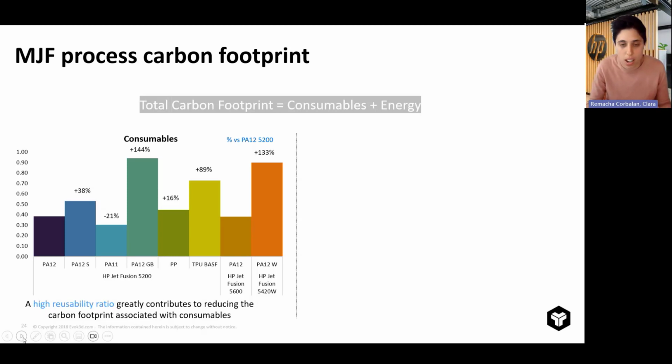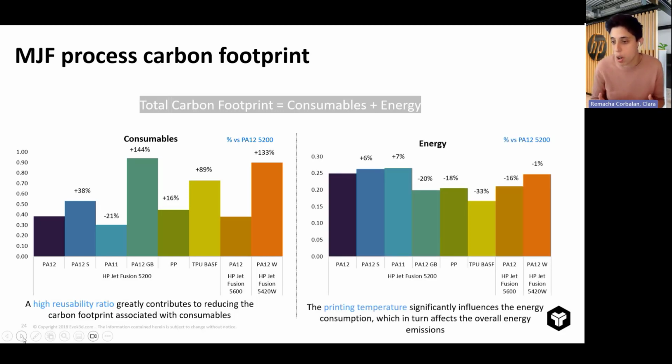The third thing, if we move to the next one, is the energy that is used in the process. In the end, a printer is like an oven. You're fusing the material and then cooling it down. There's a lot of energy that is put into the system, so that needs to be taken into account for the carbon footprint.